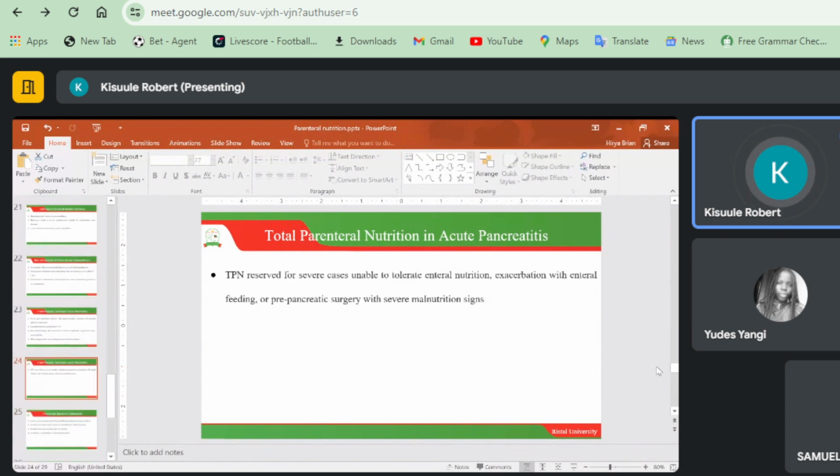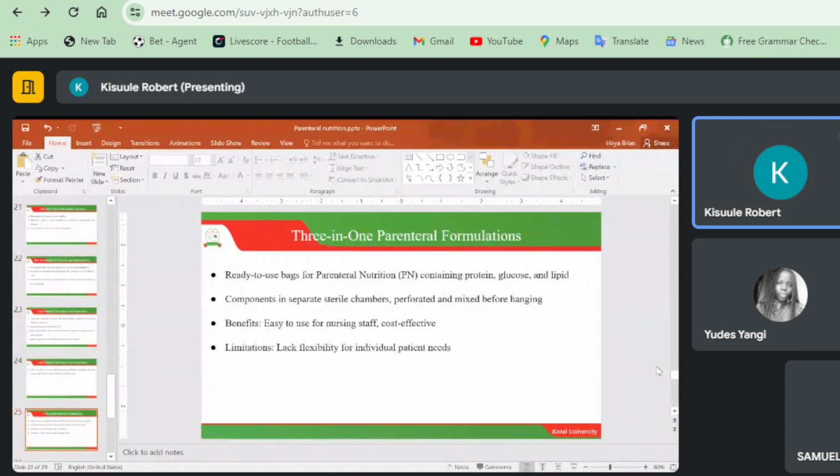For total parenteral nutrition in acute pancreatitis, this is reserved for severe cases where people are unable to tolerate the enteral nutrition, and we are looking at the exacerbation with the enteral feeding and pre-pancreatic surgery with severe malnutrition signs.